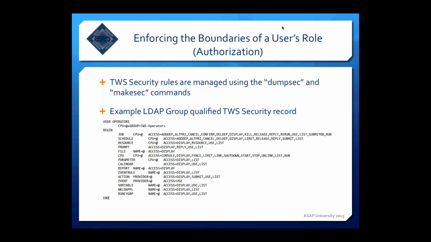So in the example in the slide, we have the security group TWS-operators restricted to specific roles. So they're able to access jobs in a specific way, and schedules and resources, files, specific workstations. You can become very granular with how you want to restrict access.